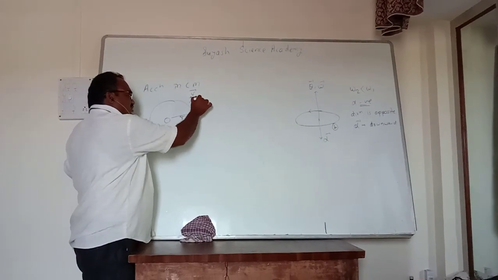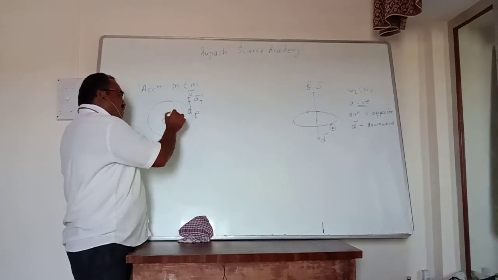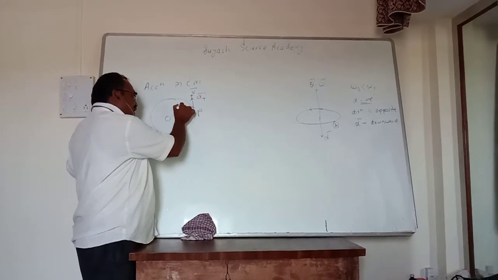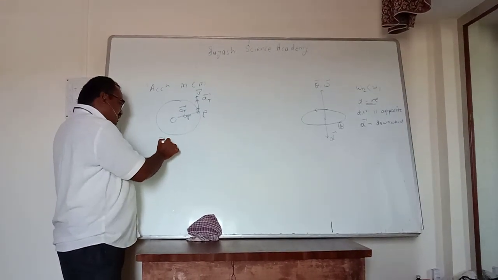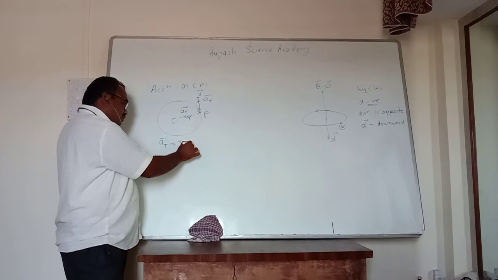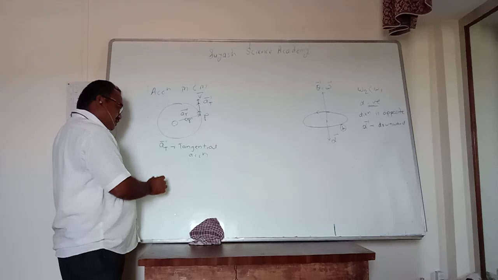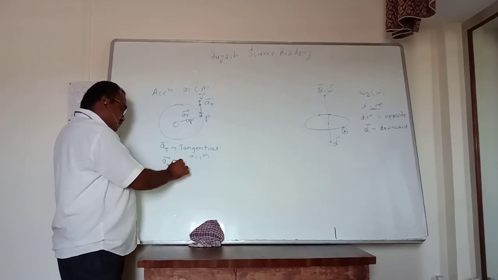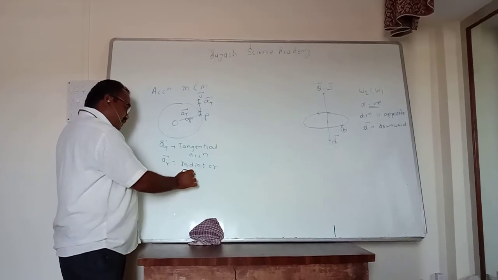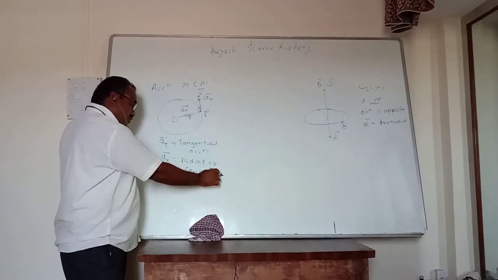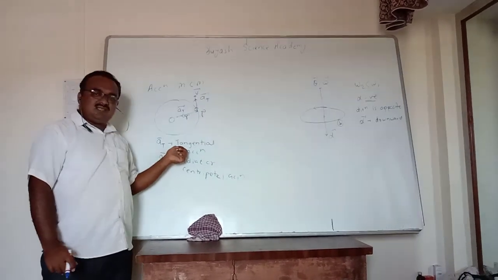One is the tangential acceleration, AT, and the second one is the radial or centripetal acceleration. First we will see the meaning of tangential acceleration.